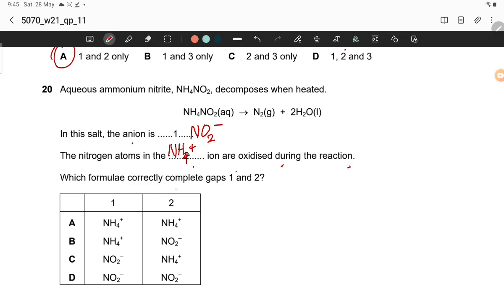Which formula correctly completes gaps 1 and 2? The ammonium ions are oxidized during the reaction to form water and nitrogen. So for gaps 1 and 2, the correct answer is gap 1 nitrite ion, and the ammonium ion and nitrite ion. So C option is correct.